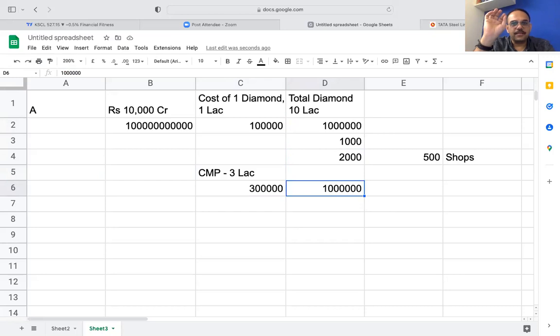Now tell me, if he goes in the market and sells all his 10 lakh diamonds in the same day, what will happen to the price? The price will crash. It will go down. So now how does he have to sell the diamonds? He has understood that it will not go much higher.